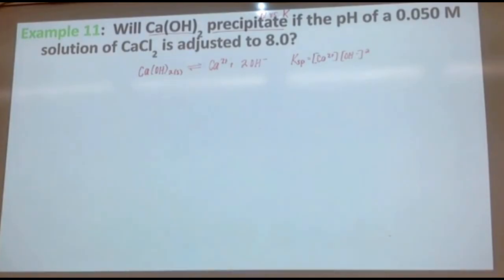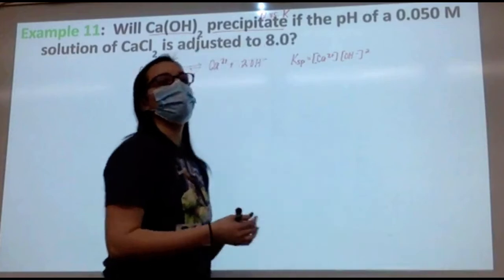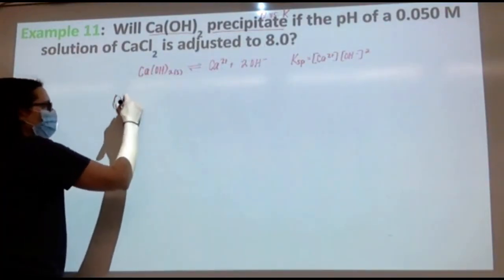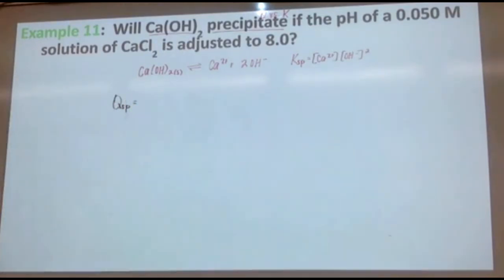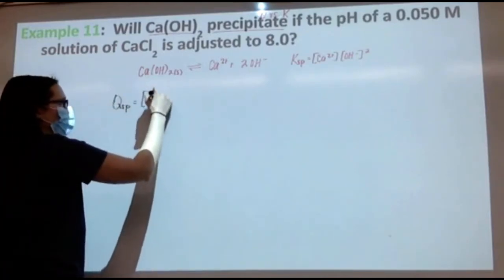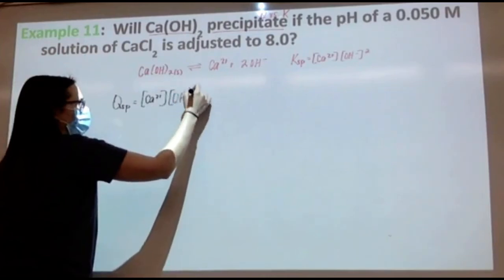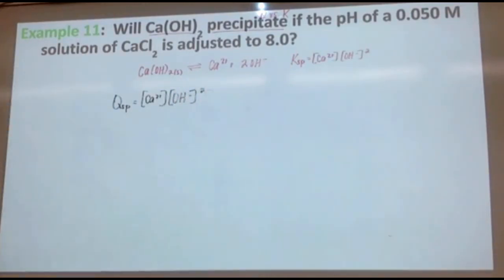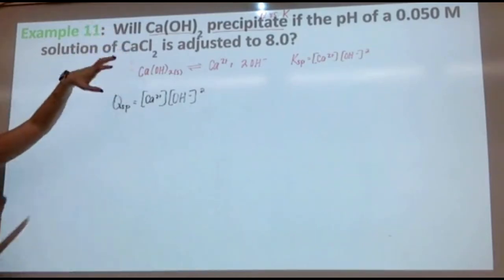So when it's asking if something will precipitate, that means we're calculating Q. So underneath here, I'm going to rewrite Ksp, but I'm going to rewrite it as Qsp, just so I remember that now we're calculating Q. And when you're looking at will something precipitate, you are taking the information that they are giving you.